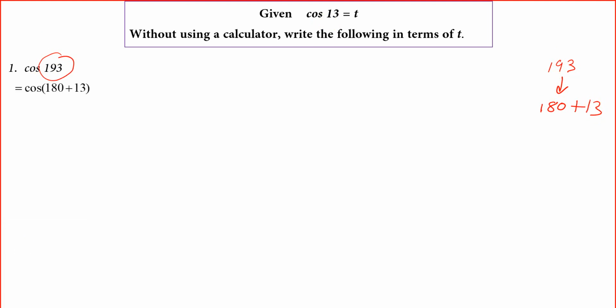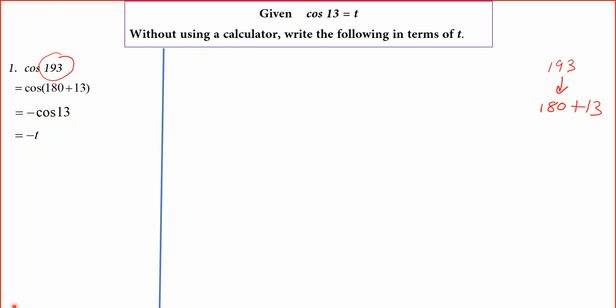So we now have cos of 180 plus 13. Remember that's a third quadrant, and in the third quadrant, cos is negative. So we have minus cos 13, and because cos 13 is t, our first one will be negative t.